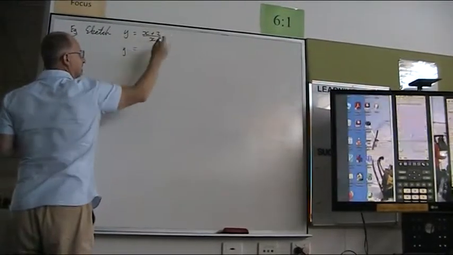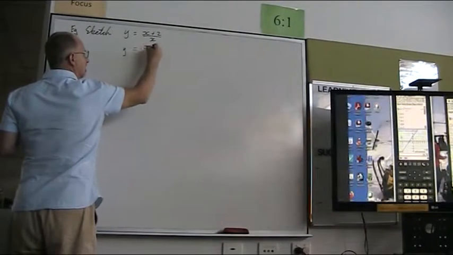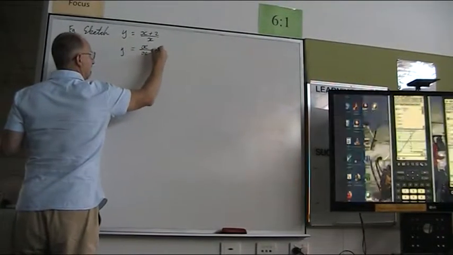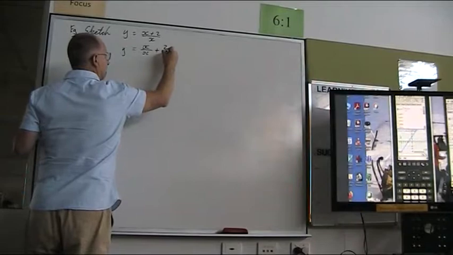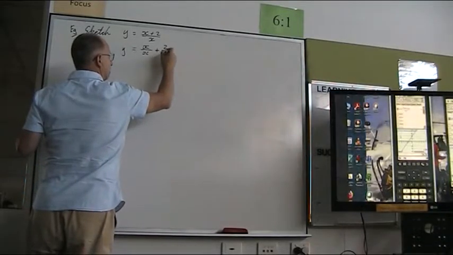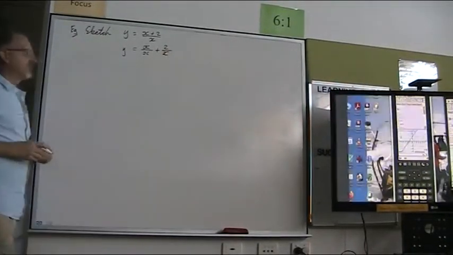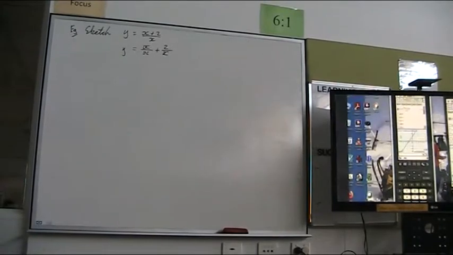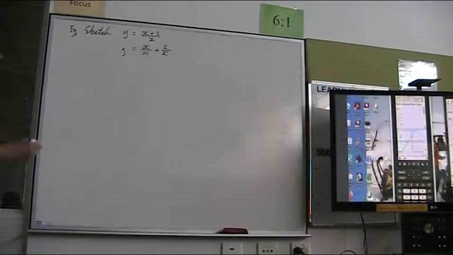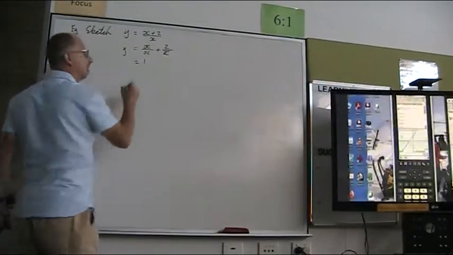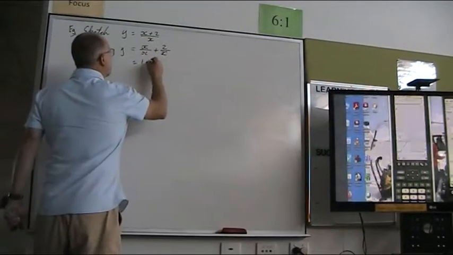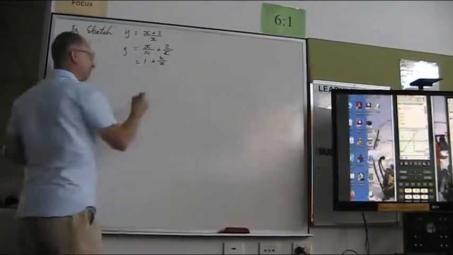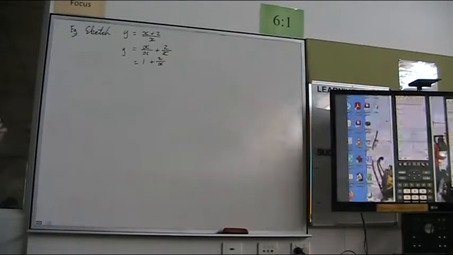So if that's x plus 2 on the top, it's the same as x over x plus 2 over x. Yeah? And x over x is 1, and 2 over x is 2 over x.